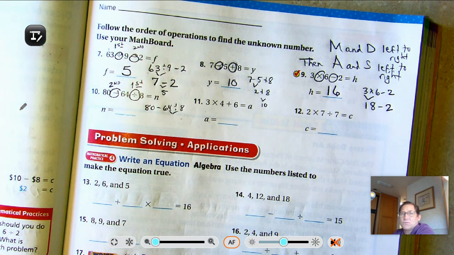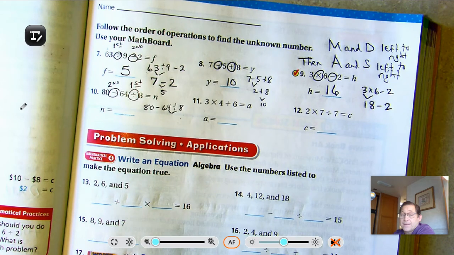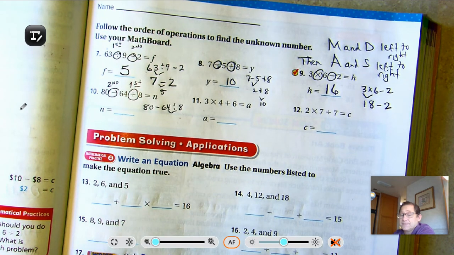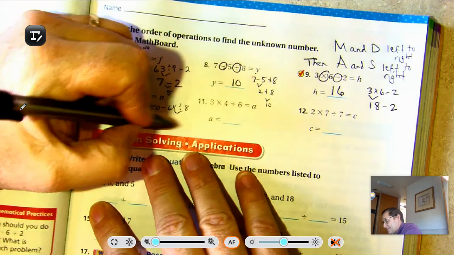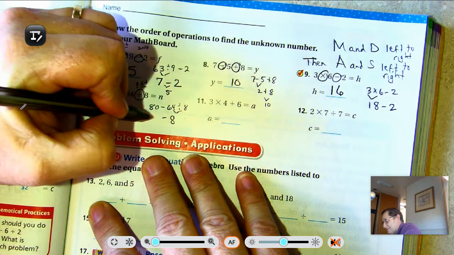Well, 8 times what is 64? 8 times 5 is 40, 8 times 6 is 48, 8 times 7 is 56, 8 times 8 is 64. So 64 divided by 8 is 8.